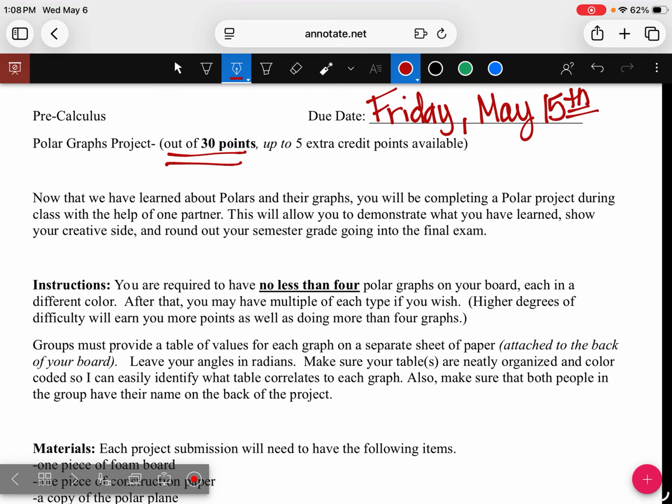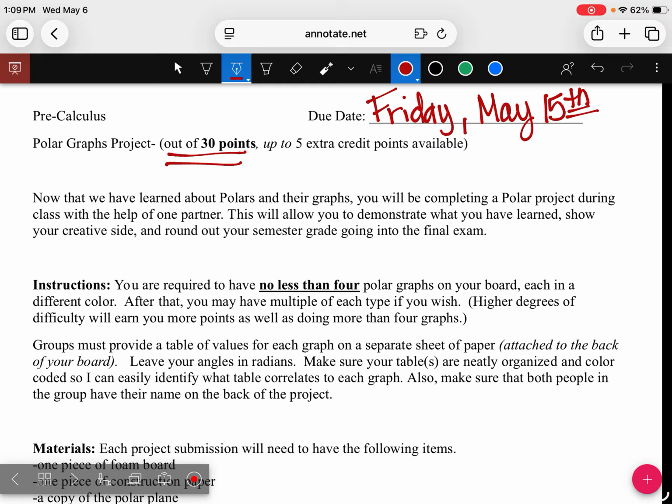If you turn it in after the following Monday, which would be the 18th, you automatically lose your chance to earn extra credit. So no extra credit after that date. And then every single day after that, I'm taking off 10%. Now, this project historically has taken between 3 and 4 days.